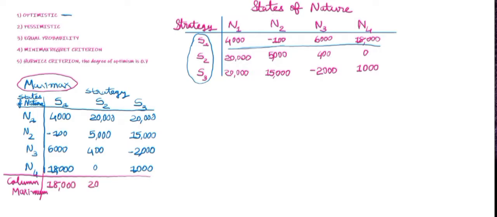And for the third column also, it is 20,000. Then from these three values also, we'll find the maximum value. Here we are having two maximum values, which means that the decision maker can either adopt the strategy S2 or S3. So the answer to the first question is S2 or S3.